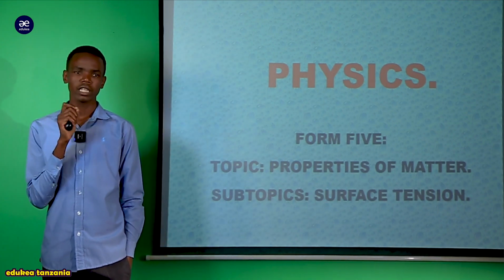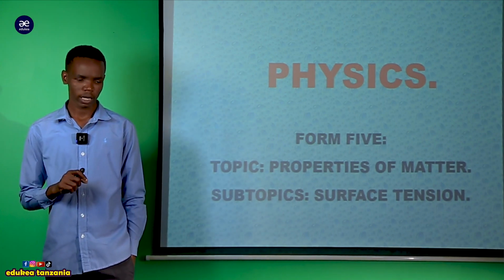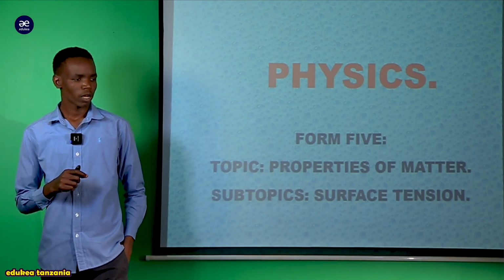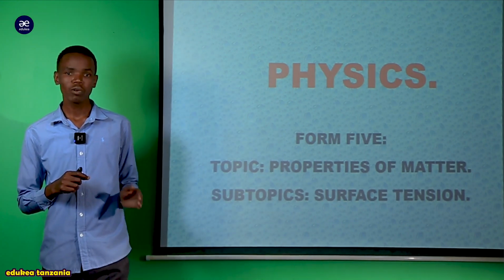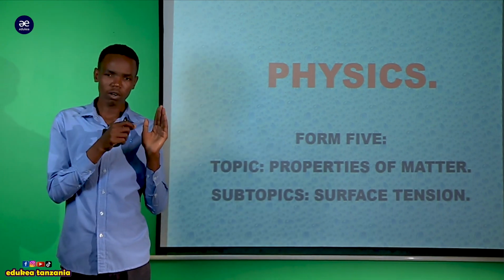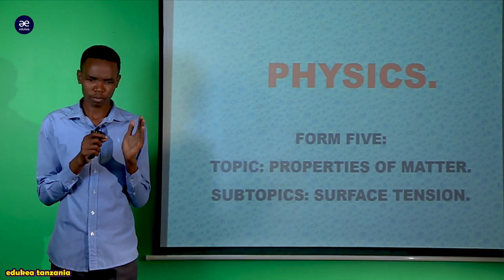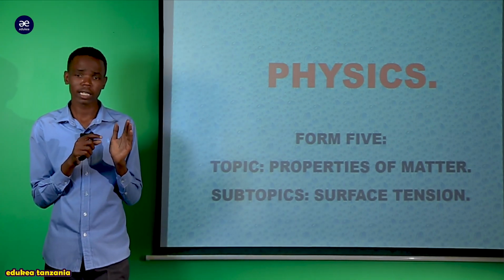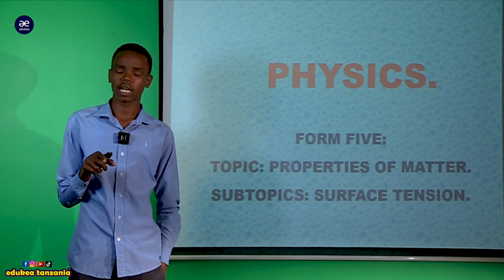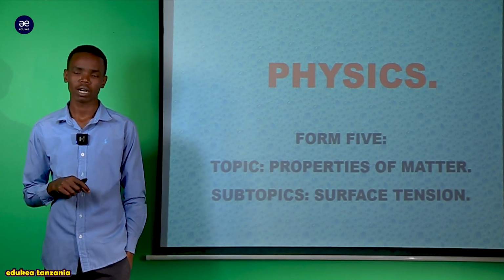On the last session, we tried to see how we can get the radius of the single drop. We said that for the liquid drops, we get R of the single liquid drop by taking the square root of R1 square plus R2 square plus R3 square plus dash, the nth term of R square.